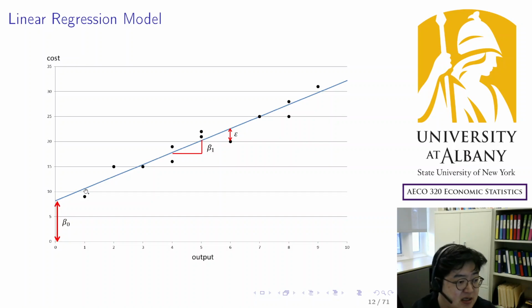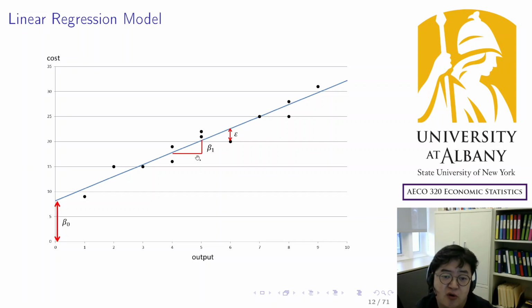Even if you do not produce anything, still you have to pay the wages or insurances, basic taxes, basic things that you cannot avoid, right? That is beta 0, the fixed cost. And beta 1 is this slope, right? When x increases by 1 unit, y increases by beta 1.